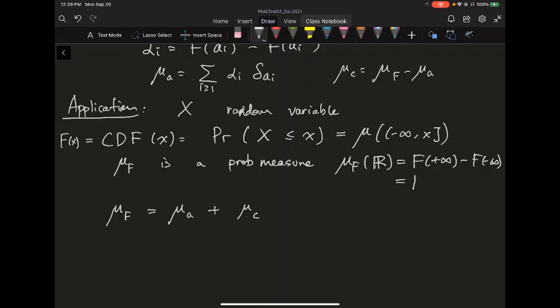So this is essentially what this theorem, or this remark, is doing. And in the next video, we're moving into the second chapter of this course, and we're going to talk about functions that are what we call measurable.